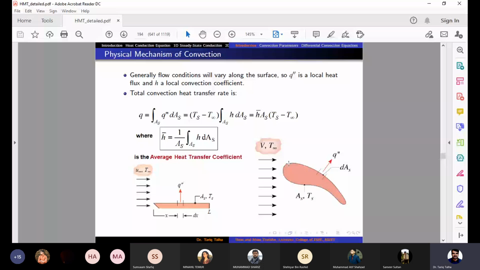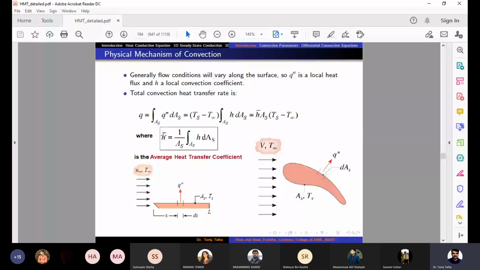So in order to apply this formula, we need to use an average value of h, which can be calculated by the formula given here. This h bar is the value you have been given up till now. In all the conduction chapters, when we said that the h value is 20 watt per meter square Kelvin, or 100 watt per meter square Kelvin, we were talking about this h bar.